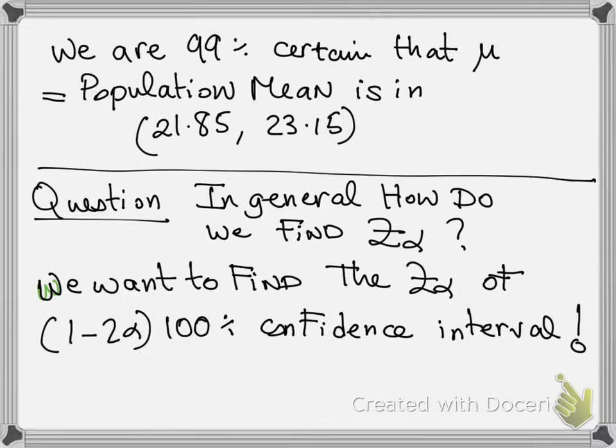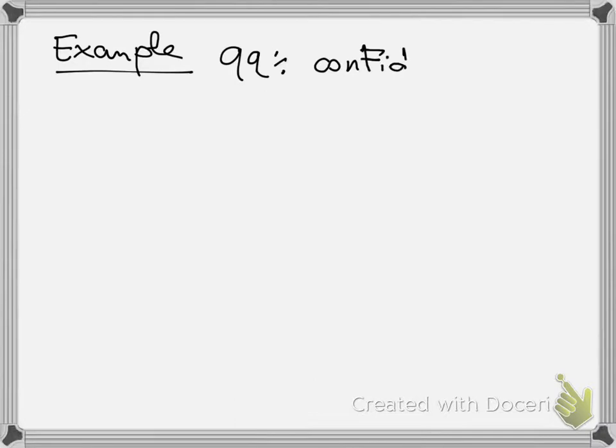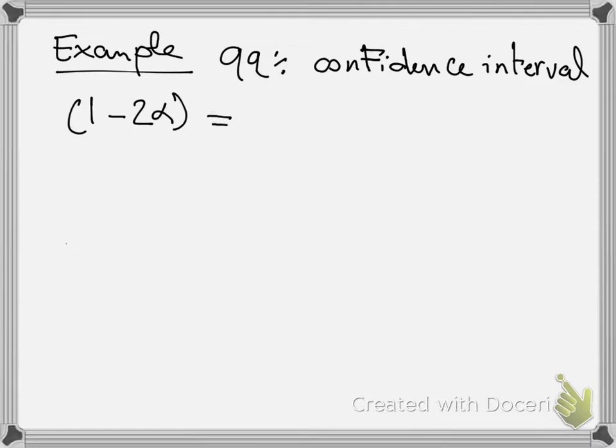Okay, let's do another example. This is example 1, so let's say example 2. Let's say you have a 99% confidence interval. So how do we find the critical value Z alpha? Again, 1 minus 2 alpha is equal to the 99%, which is 0.99, right?